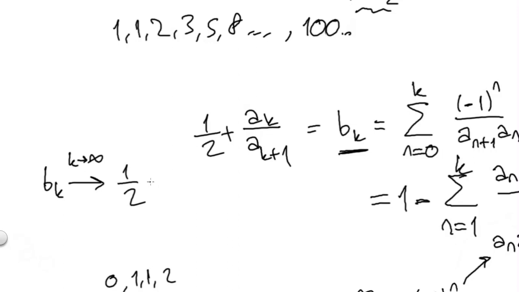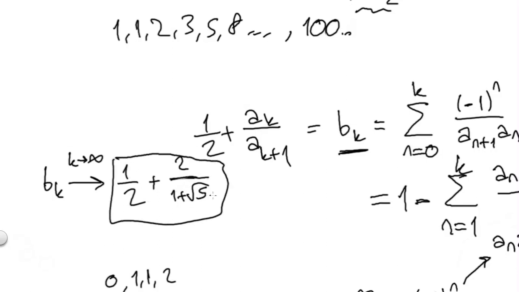Like I said, it will converge to 1 over the golden ratio, because a_k plus 1 over a_k converges to the golden ratio, which is 1 plus square root of 5 over 2. So I can just flip it. It will be 2 over 1 plus square root of 5. And this is actually my answer.